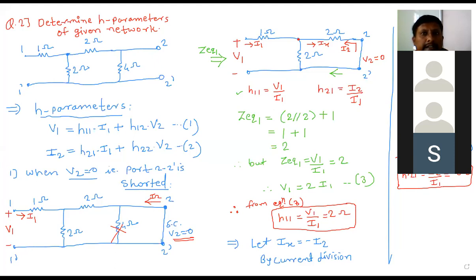So next part will be finding out H12 and H22. That will be somewhat different here.